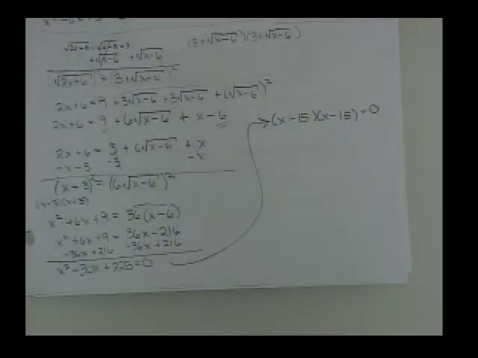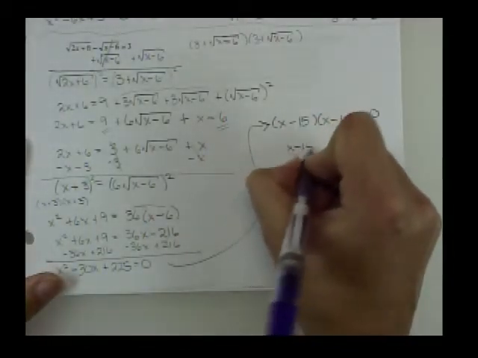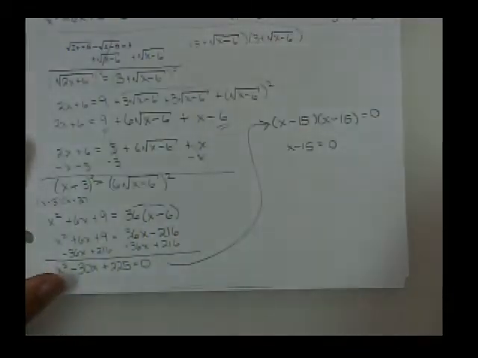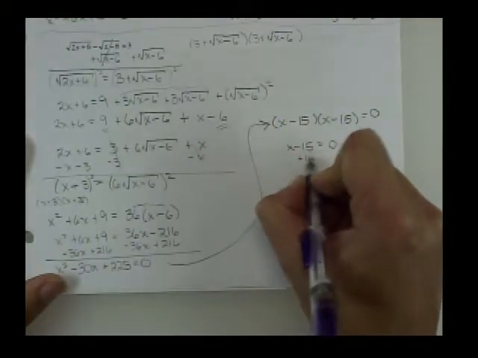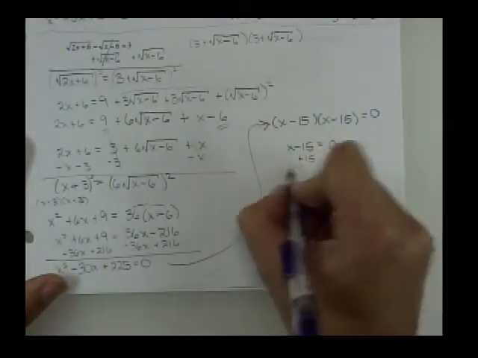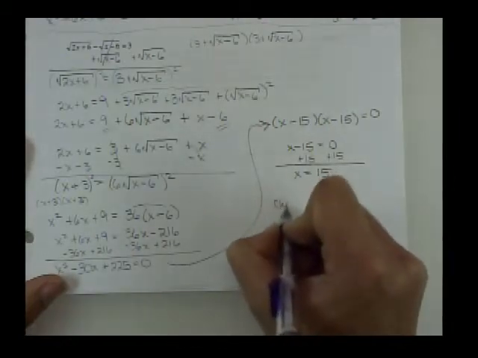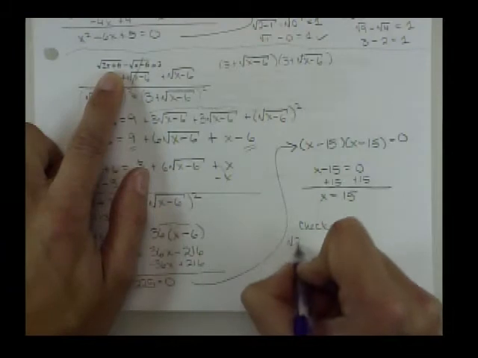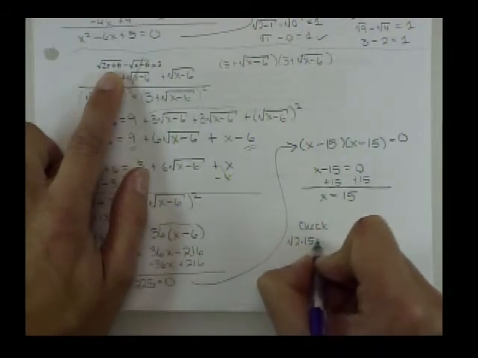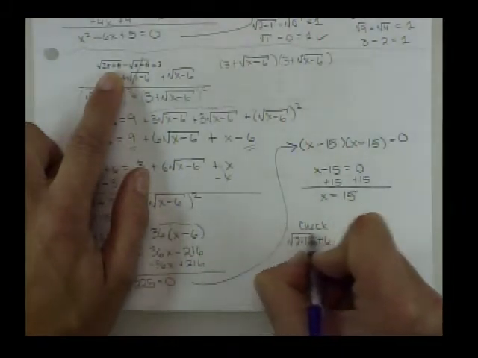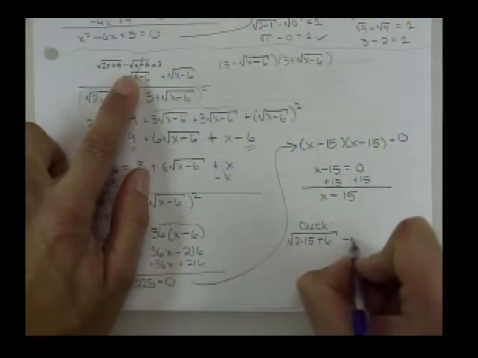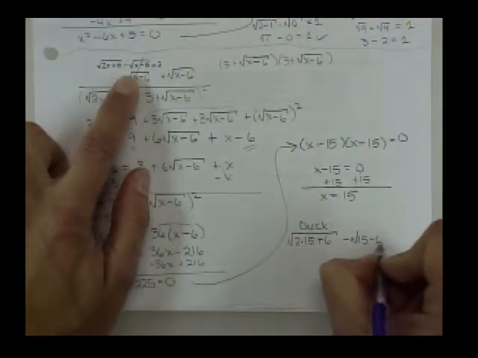So that's the same factor both times, so I can just set x minus 15 equal to 0 one time. I don't have to do it twice. And then add 15 on each side. So we get x equals 15, but I need to check my answer. So I get 2 times the square root of 15 plus 6 minus the square root of 15 minus 6.